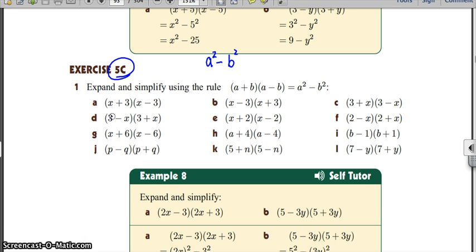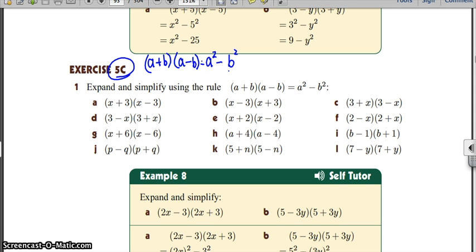So we square the x and we square the 3. In this one, they're both the same. A and A are the same, 4 and 4. So it's that rule that says if we have A plus B, A take B, and we're multiplying them, a shortcut to solving that is that there. Okay? So that was 5C.